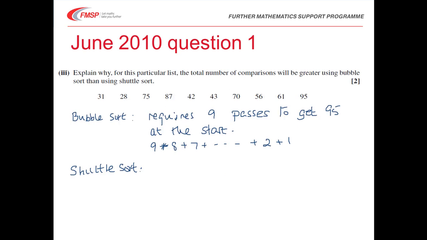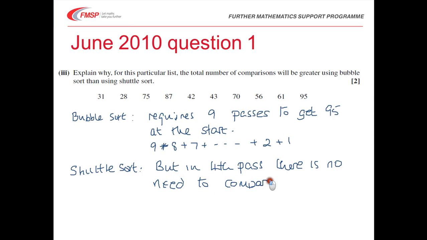So it's quite hard to write that down, but in the fourth pass, and that would have been the fourth pass that I've done, there is no need to compare the 42 with the 87.